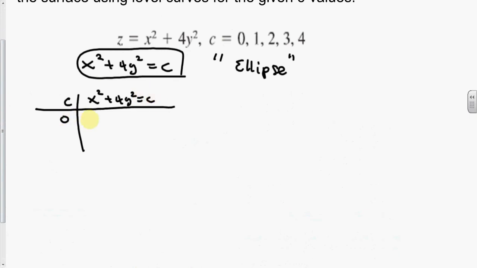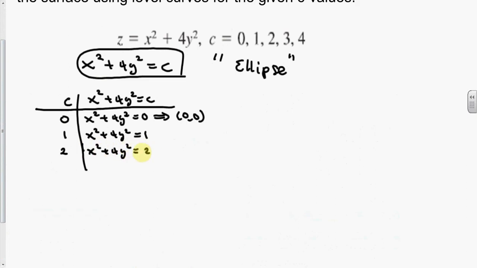So when c is 0, we get x squared plus 4y squared equal to 0. That's only one point. That's at the origin. When c is 1, we have x squared plus 4y squared is equal to 1. When c is 2, x squared plus 4y squared is equal to 2.